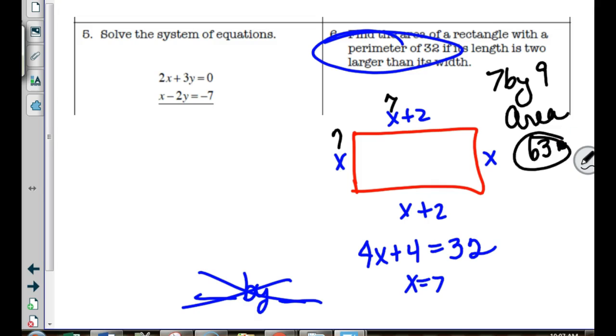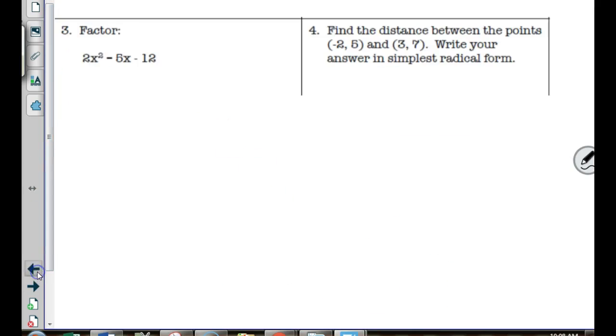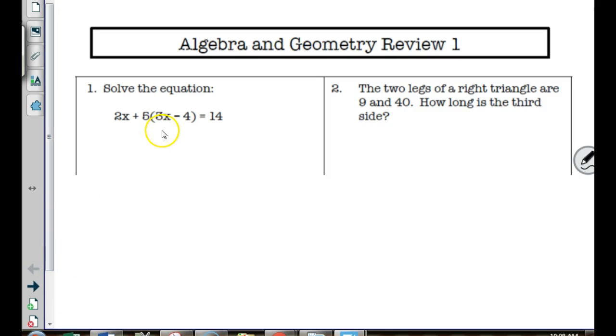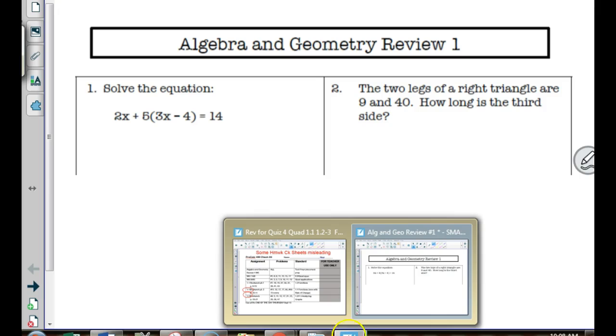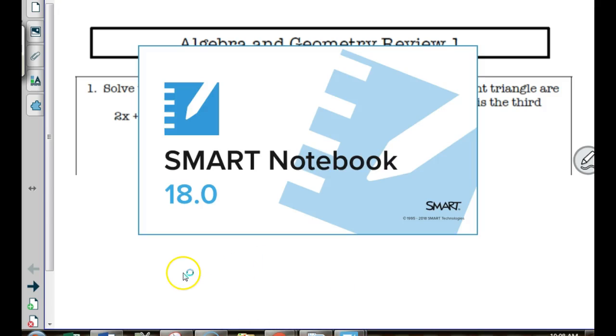Okay. What else? Yes. Yeah. Yeah. Number what? 7, worksheet 7? Is that what you said?